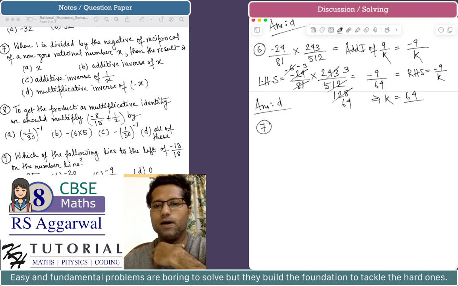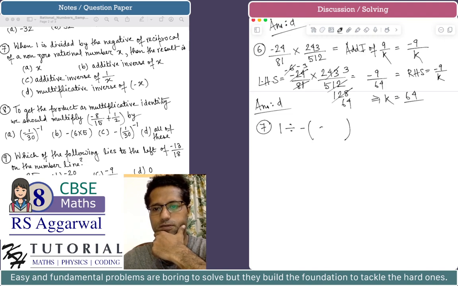So let's see what happens when 1 is divided by the negative of something, and what is that something? Negative of reciprocal of a non-zero rational number x. So reciprocal of a non-zero rational number x is nothing but this.